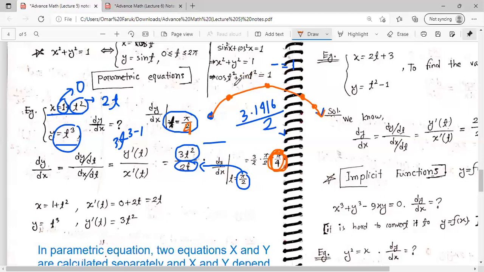So derivatives means to calculate the slope. Slope means how straight a bridge is, or how straight a road is. For example, this is a bridge and this is another bridge.